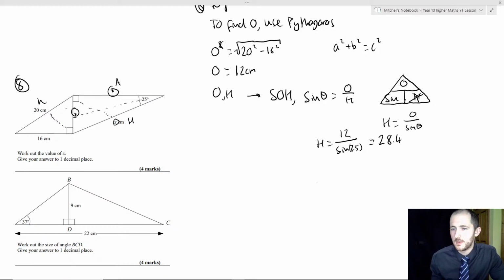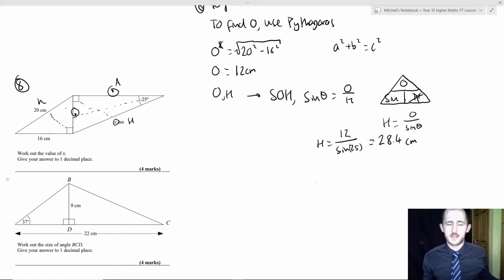And don't forget your units, which in this case is centimeters. That's a 4-mark question. Should take you 4 minutes, and I know it's taken me more than 4 minutes to explain it. But in an exam, I reckon you guys could do that much faster. Much, much, much faster.